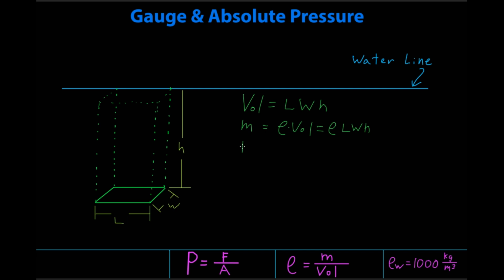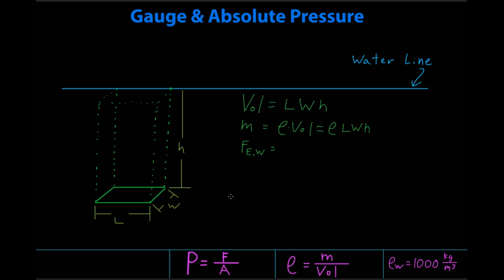Now, what we're really after is this: force earth on water. In other words, if someone sat on you, the amount of force that would be exerted on your chest would be equal to that person's weight. In other words, force earth on that person. The same exact thing is true here.